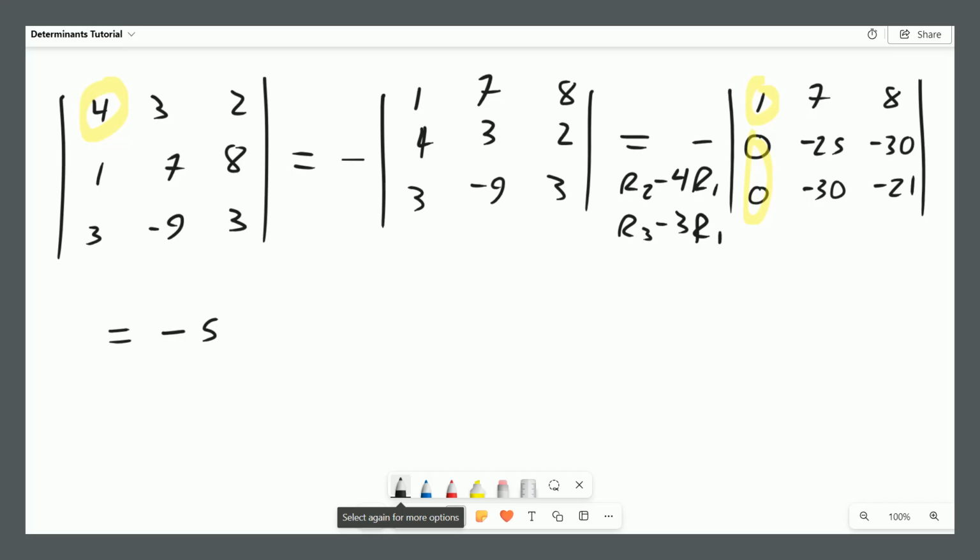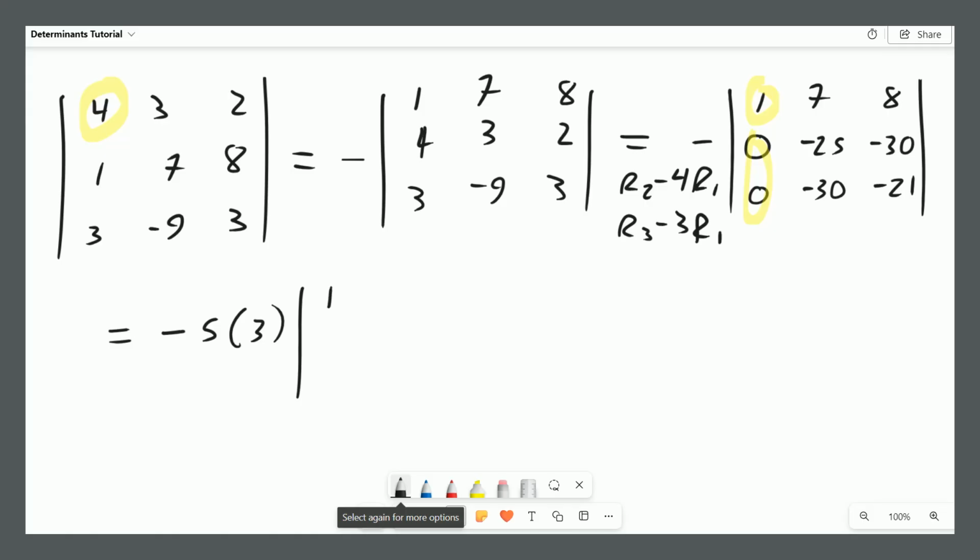So to compensate for that, we're going to multiply by 5. And dividing row 3 by 3, we're essentially multiplying by 1/3, which makes the determinant 1/3 smaller. So to compensate for that, we're going to multiply by 3.